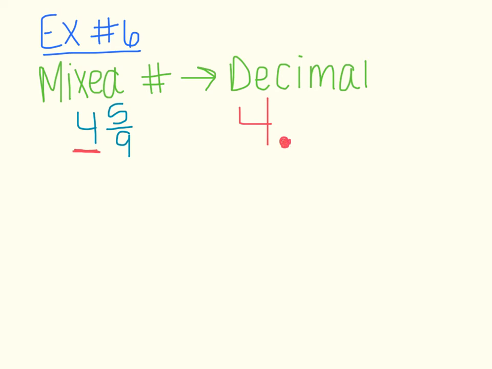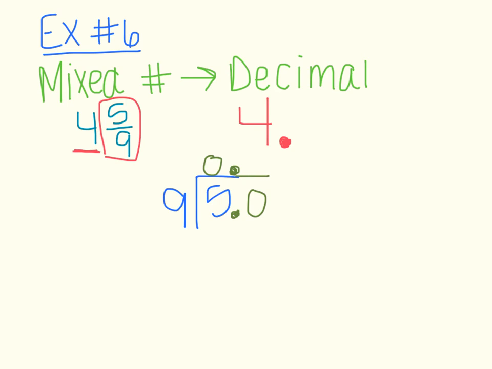And now I have to change 5/9 into a decimal, and I do that by dividing. 9 cannot go into 5, so I put a 0, add a decimal and a 0, bring the decimal up. 9 goes into 50 5 times, which is 45, which gives me 5 left over. 9 can't go into 5, so I add a 0 and bring it down. 9 goes into 50 5 times, and that's 45.